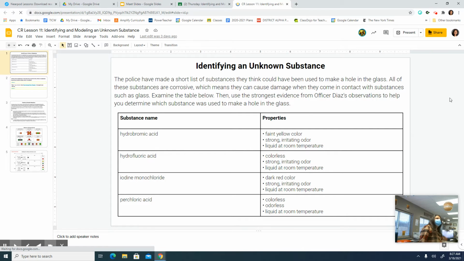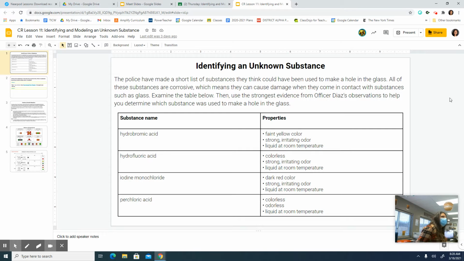Identifying an unknown substance. The police have made a short list of substances they think could have been used to make a hole in the glass. All of these substances are corrosive, which means they can cause damage when they come into contact with substances such as glass. Examine the table below.